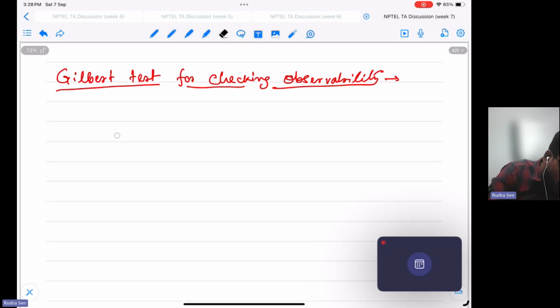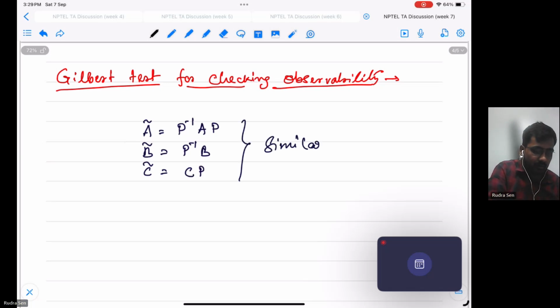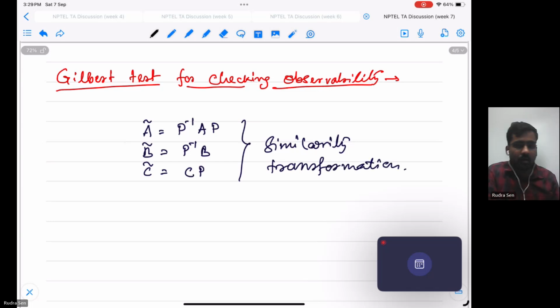So this is the similarity transform. Let's say A tilde is P inverse A P, B tilde is P inverse B, and C tilde is C P. So you have to find out this conversion and then we can check.